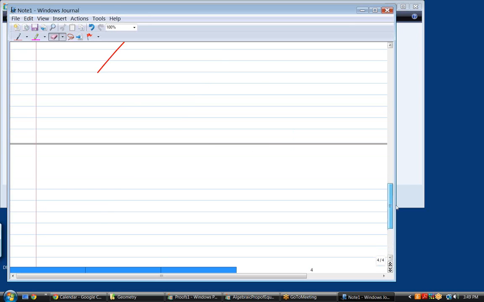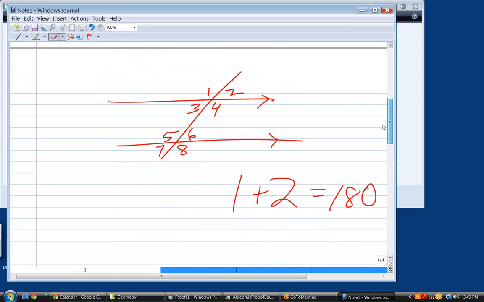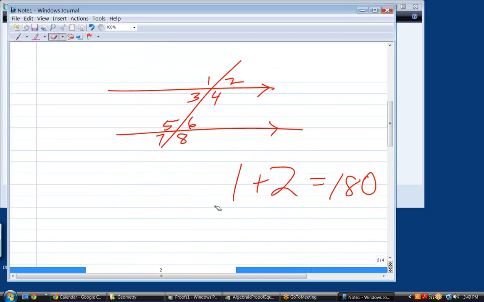If I go all the way back to my beginning, this example right here, and I say, let's take away the parallel marks, and I say that 1 is equal to 8, then those 2 lines are parallel. If I say 2 is equal to 3, does that mean the 2 lines are parallel?